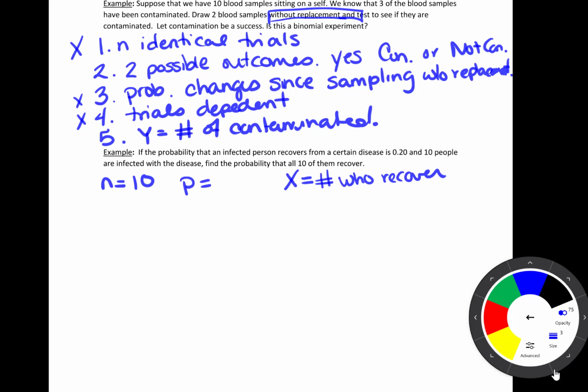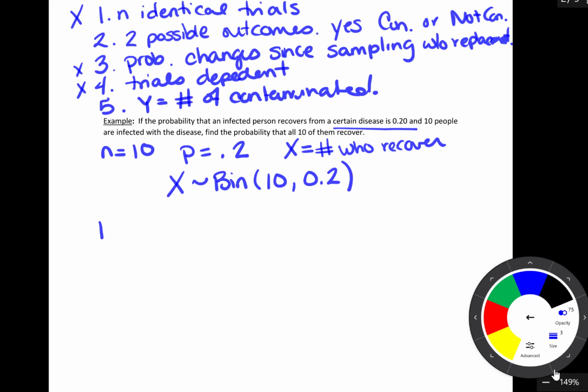And we see that a person recovers from a certain disease with probability 0.2. So we can say that x is distributed as a binomial random variable with n equal to 10 and p equal to 20%. So we want to find the probability that x is equal to 10.